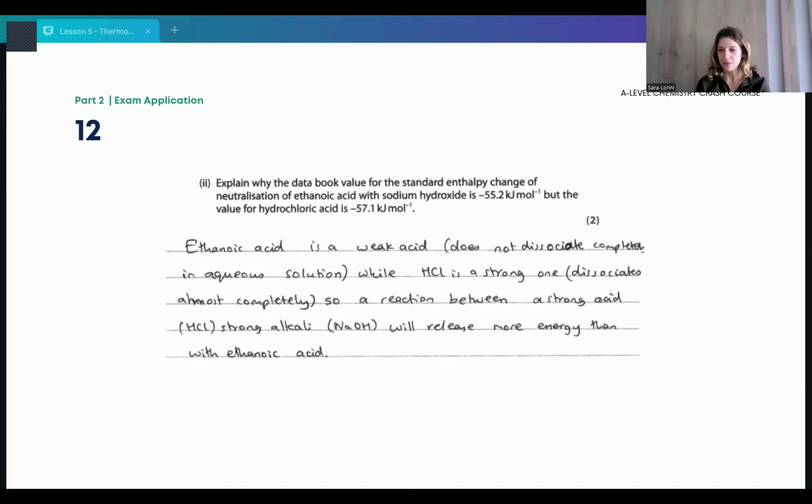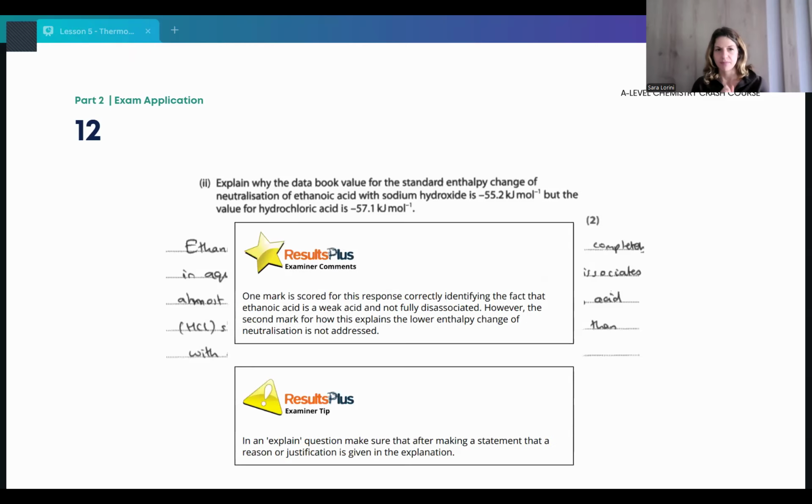Anybody? What are you thinking about? One mark, because yes, weak acid, and I think this is the first thing that should come to your mind when you read neutralization and weak acid, strong acid.